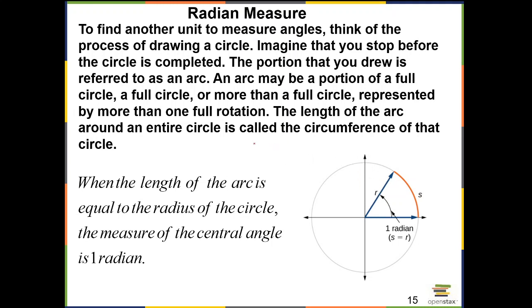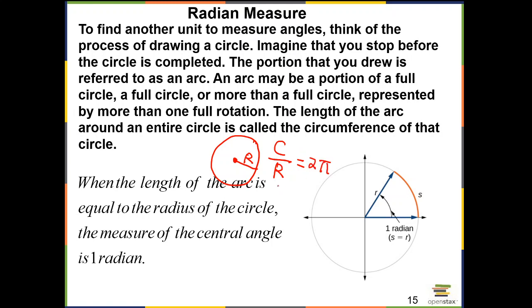People have known this for centuries: if you take the circumference of a circle and divide it by the radius, you get 2 pi.